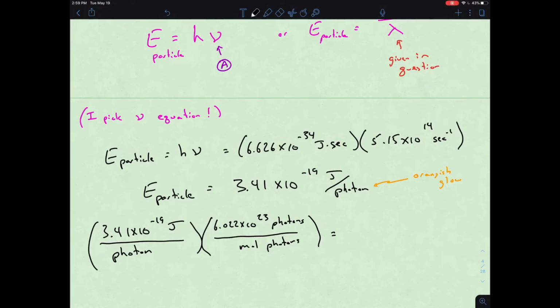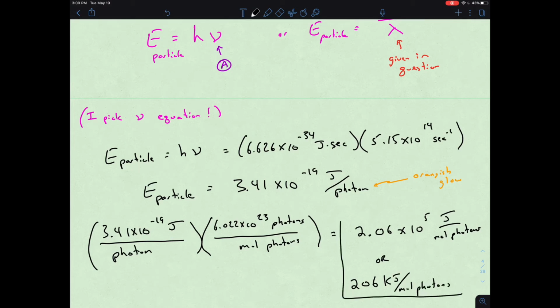And this gives us a value of 2.06 times 10 to the 5th joules per mole of photons, or 206 kilojoules per mole of photons. So that is your answer for part B.